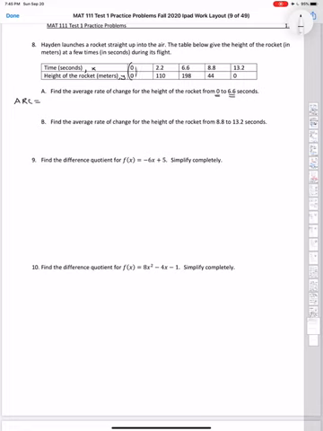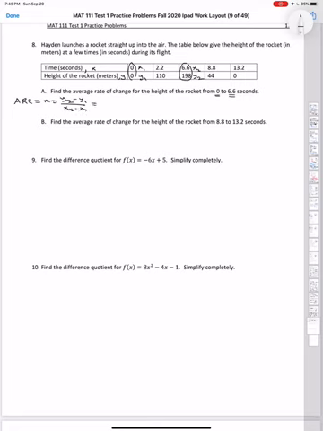Here is our first point, we got our x1 and y1. And here is our second data point, x2 and y2. So again, average rate of change is your slope of the line passing through those 2 points. So we've got all the values already calculated based off the table.